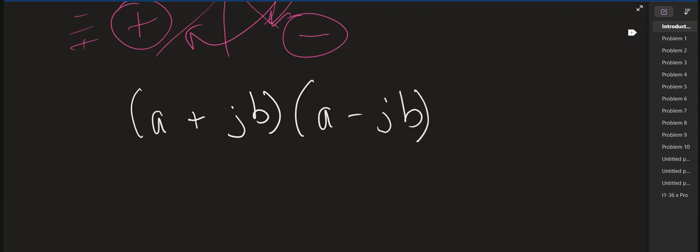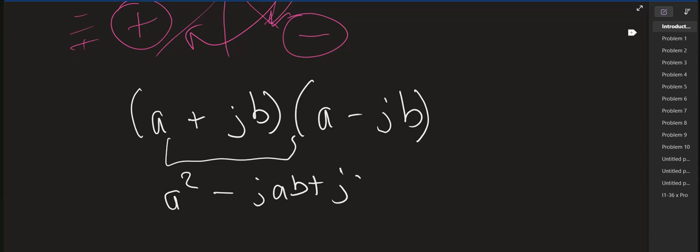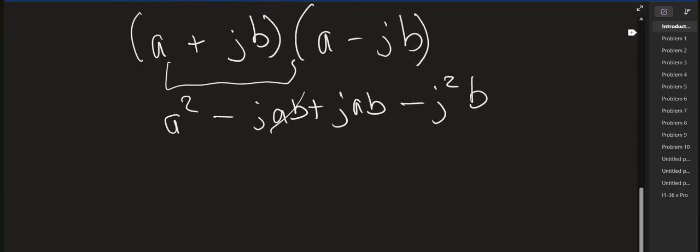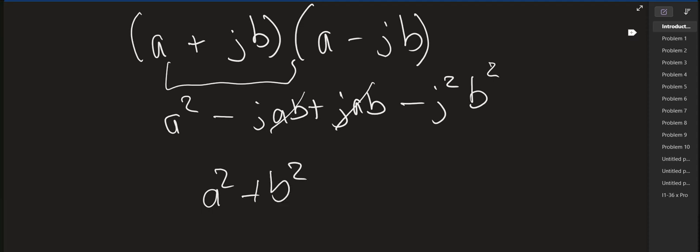If I multiply this out, I get a squared minus jab plus jab minus j squared b squared. The minus jab and plus jab cancel, and remember, j squared is negative 1, so minus j squared b squared is plus b squared. I get a squared plus b squared. That's why I multiply by the conjugate.